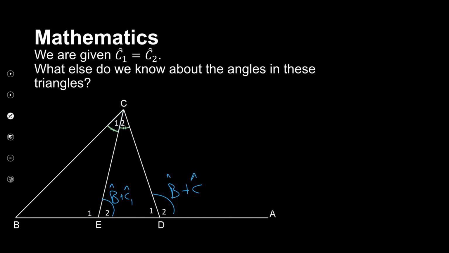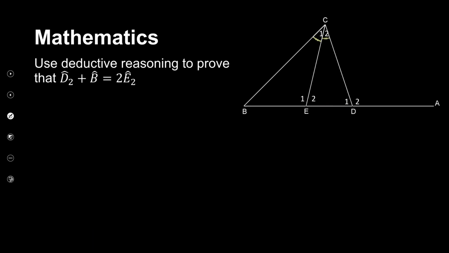That's how you can think about the other properties of angles in this shape. So let's try and prove that D2 plus B is equal to 2E2.